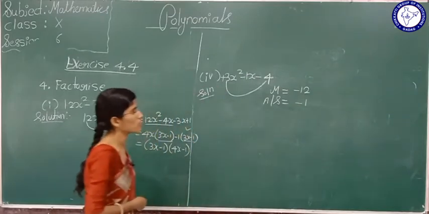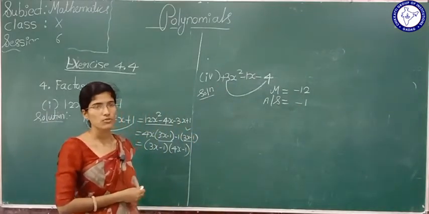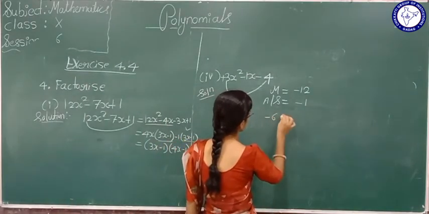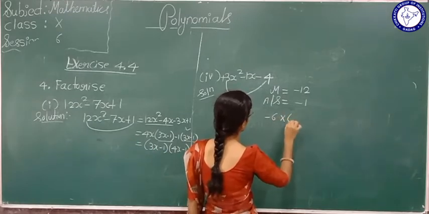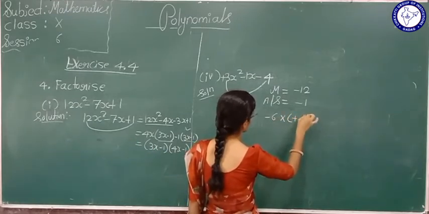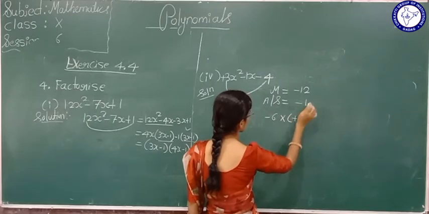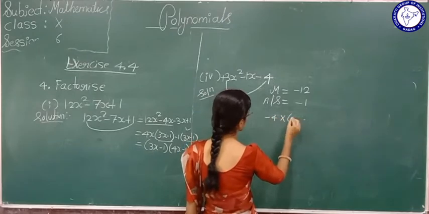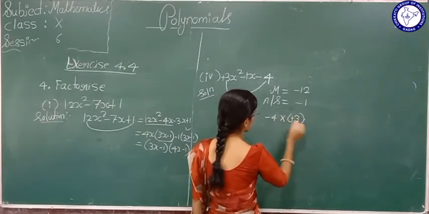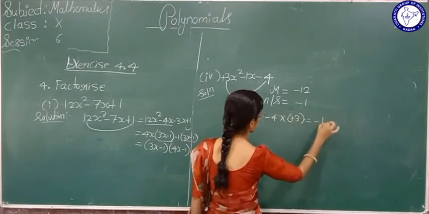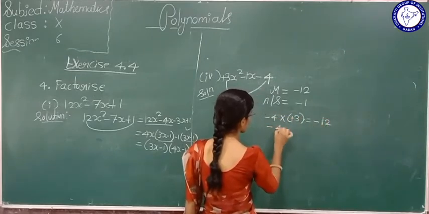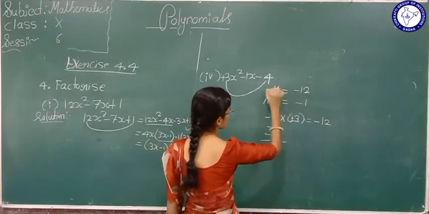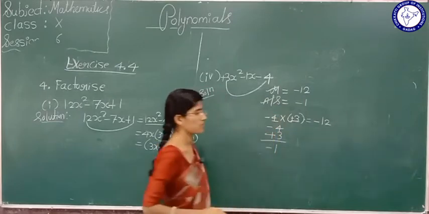So which are those factors we have to find? Minus 4 into plus 3, minus plus is minus, 4 3s are 12. What is minus 4 plus 3? It will be minus 1. See, these two numbers are satisfying both conditions.